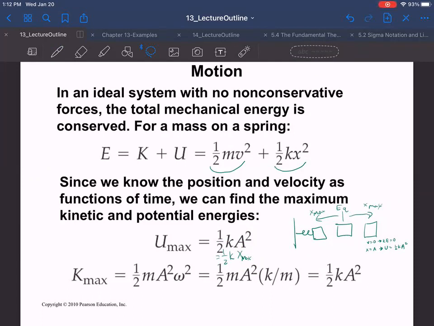And then our kinetic energy max is just going to be equal ultimately to the same thing. Because when we get into this middle part, we don't have to go through all that. We can just conceptually do this. You get to this middle part, there's no more potential energy, because the displacement x is zero at that point, and therefore all the energy is purely kinetic energy. Kind of like the fastest place when you drop a ball is right before it hits the ground. Same thing there.